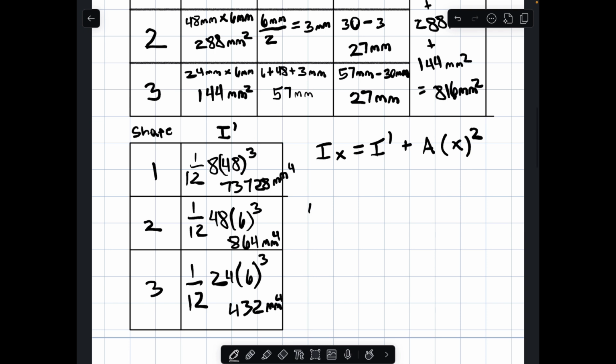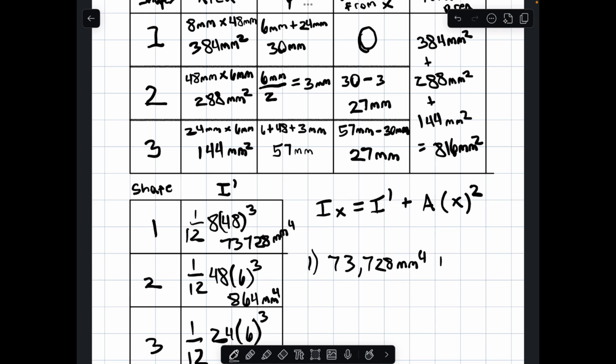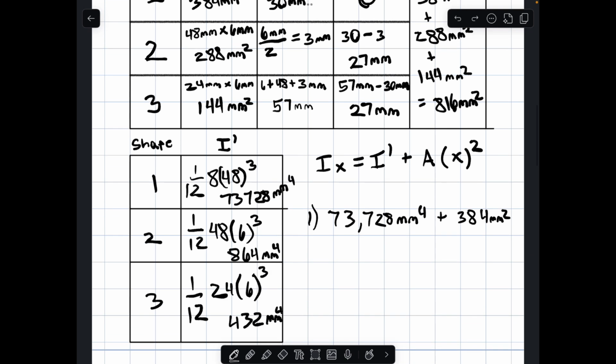So for shape 1, that would be 73,728 and then the area, which is 384 millimeters squared. And since the distance is 0, this doesn't matter. So this is just the inertia.